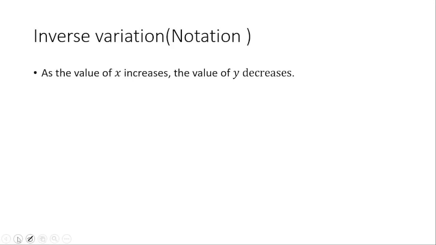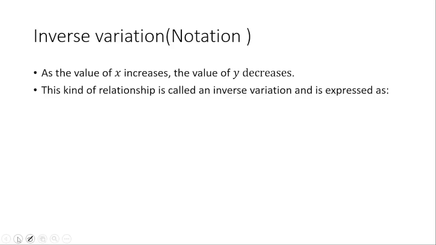The kind of relationship that we have seen is an inverse variation, and we can express such a variation in notation form as y varies inversely as x. So when you see such notation, they are saying y varies inversely as x.